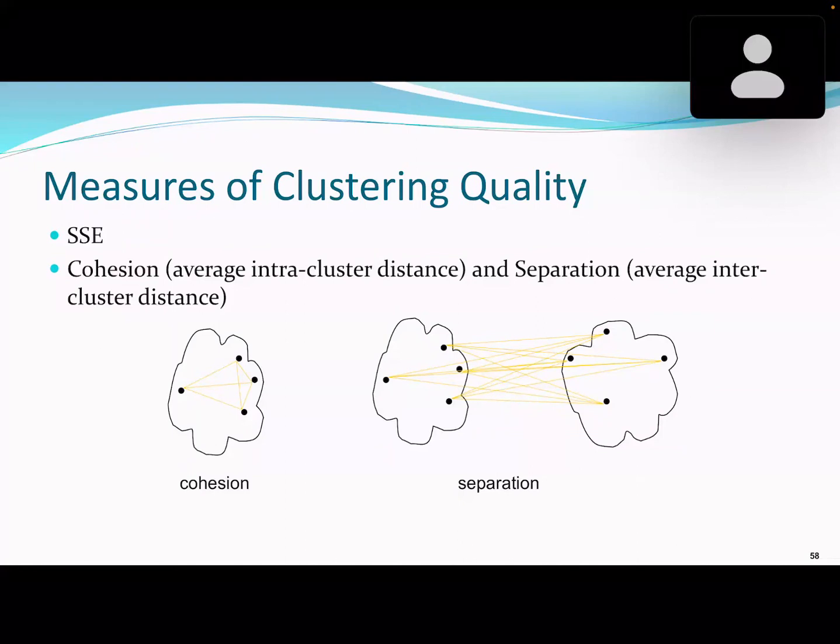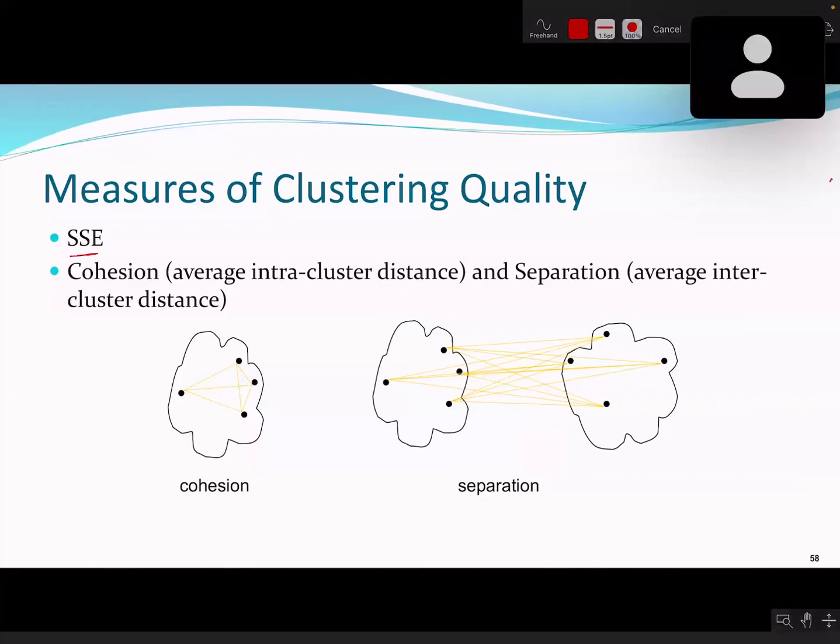All right. So previously, we said that how we could measure the quality of a clustering is that we could do SSE. We can compute the sum of the squares of the errors to measure the cluster quality, right? However, if you think about it, SSE alone is not quite enough.